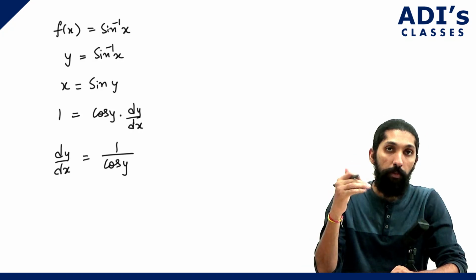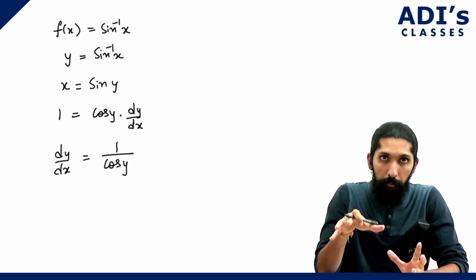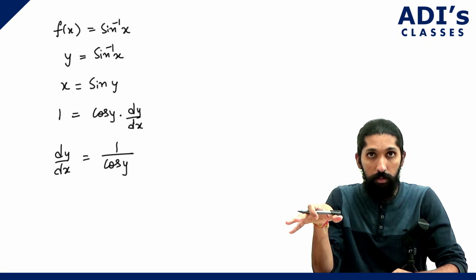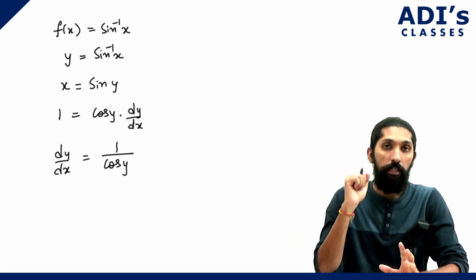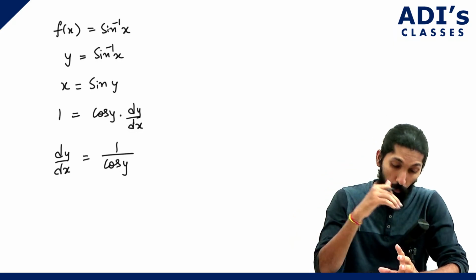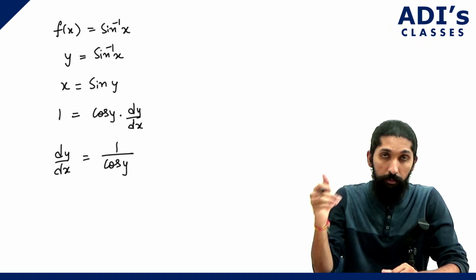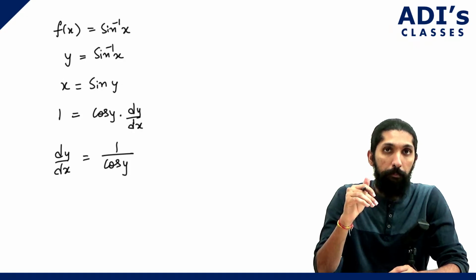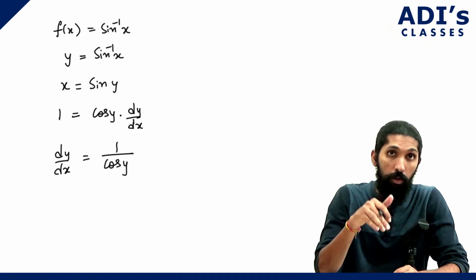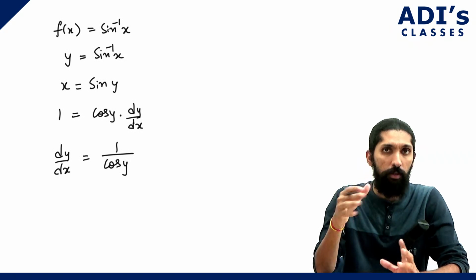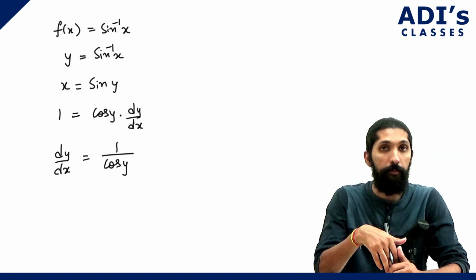See, when we have 1 by cos y, we have to represent cos in terms of sine, correct? The reason is we have y is equal to sine inverse of x, or x is equal to sine y.